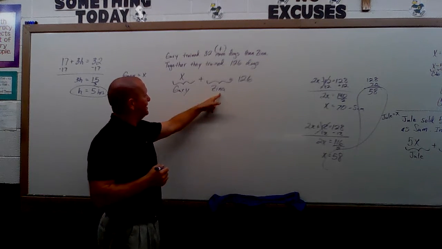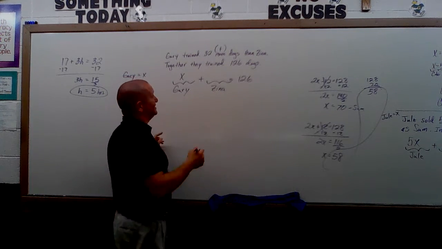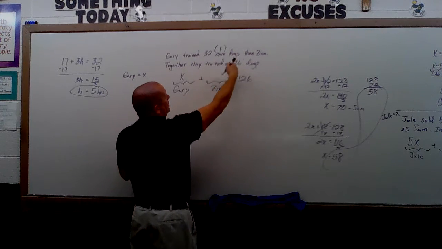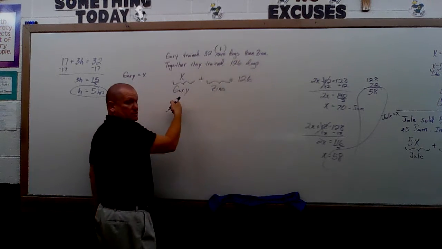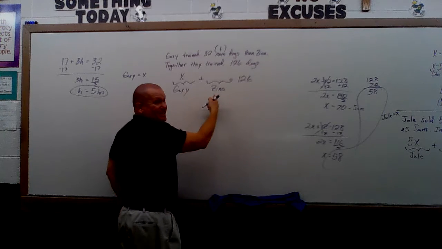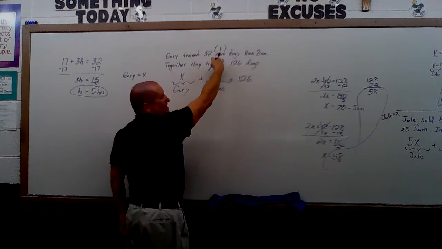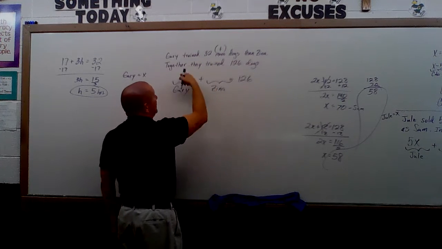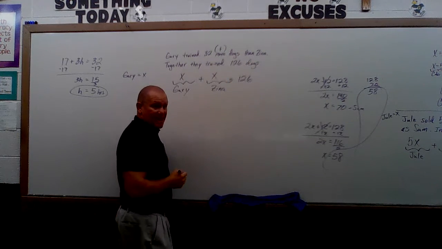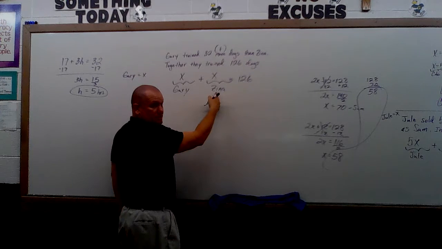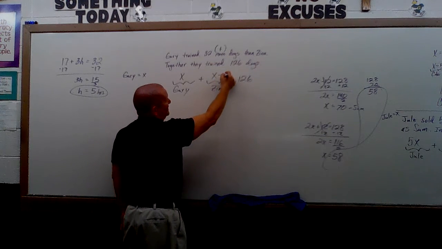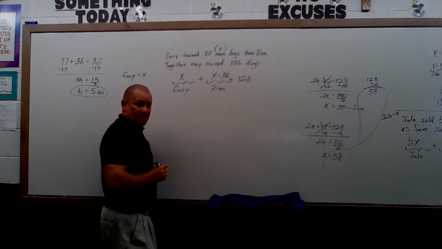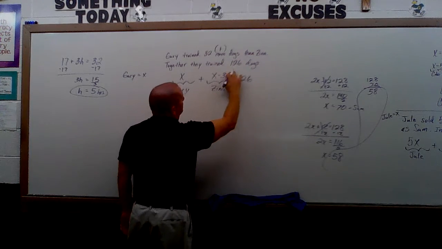Is she more or less than Gary? She's less. So even though this says there were more dogs, we're talking about Zena now. And Zena is actually less. So when I'm talking about Zena, that should tell me compared to Gary, who is X, she did what? Less. She did 32 less than what Gary did.